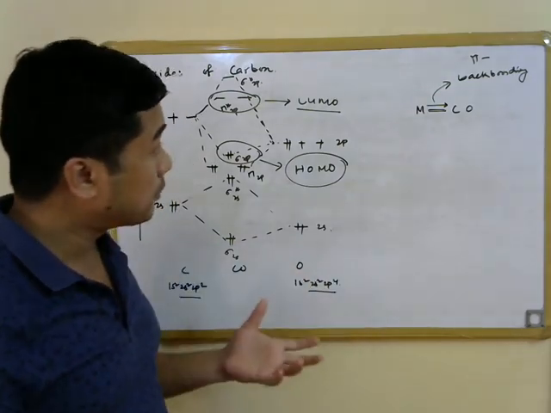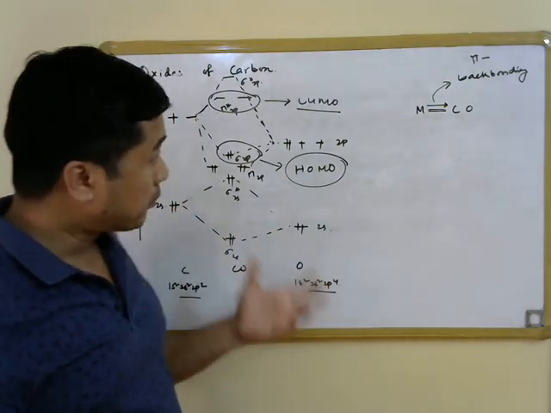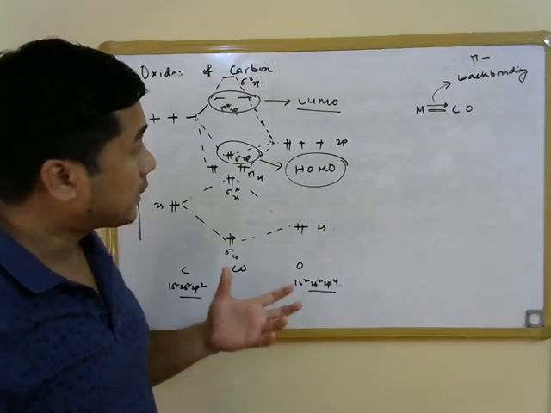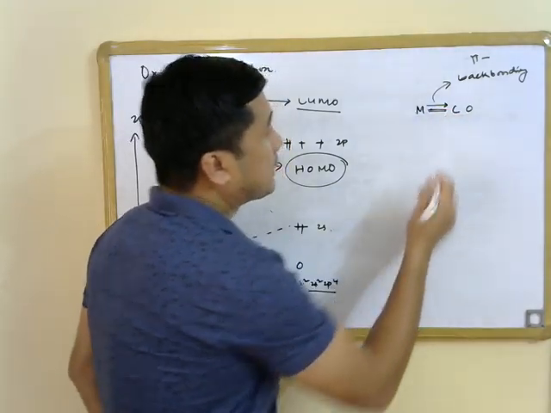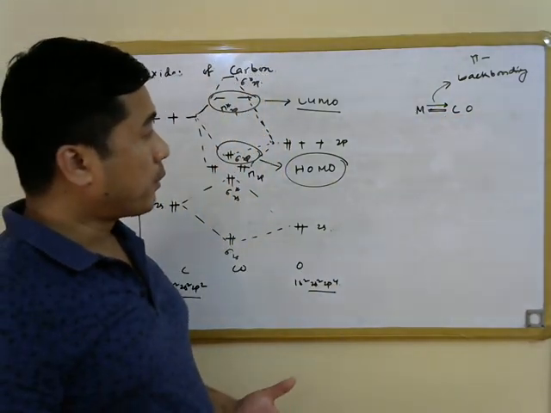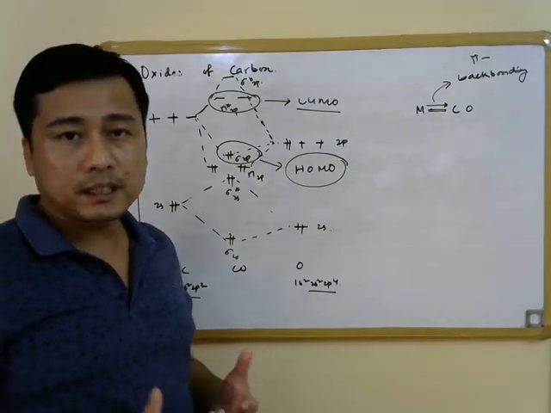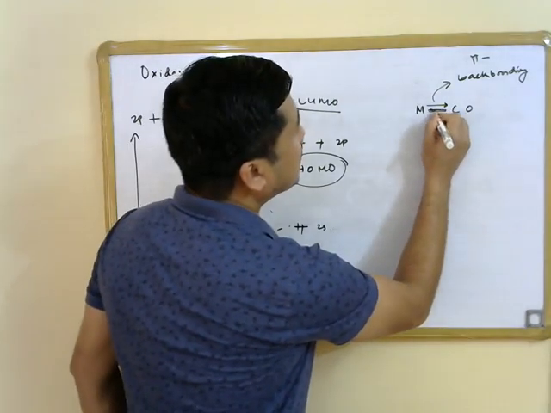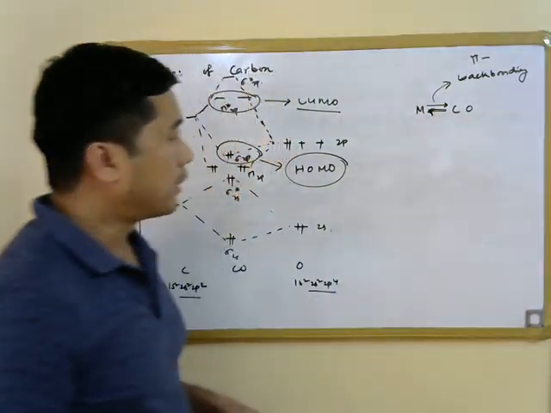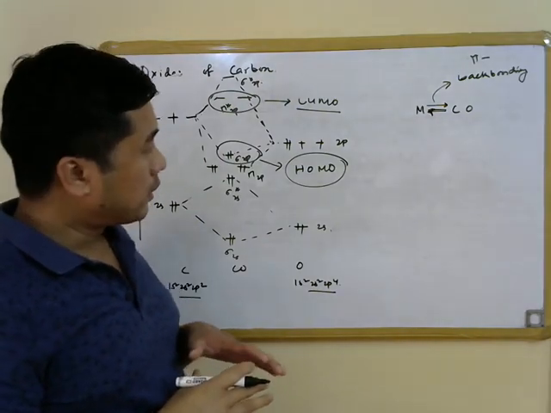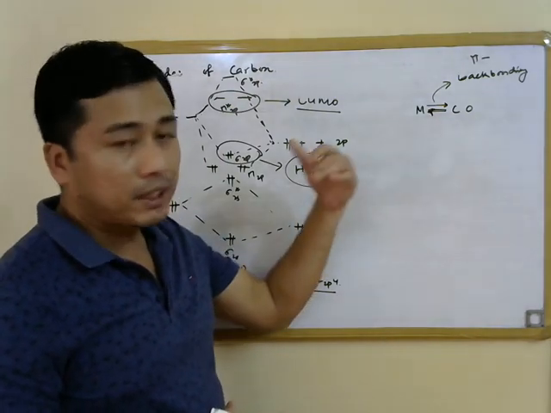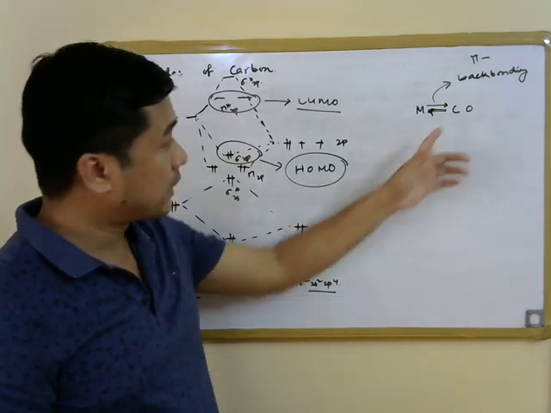Because of this pi back bonding, carbon monoxide receives electron density from the metal, so it can now also act as a better sigma donor, and it increases the strength of this sigma bond as well.